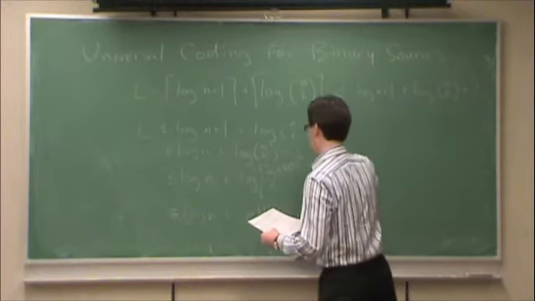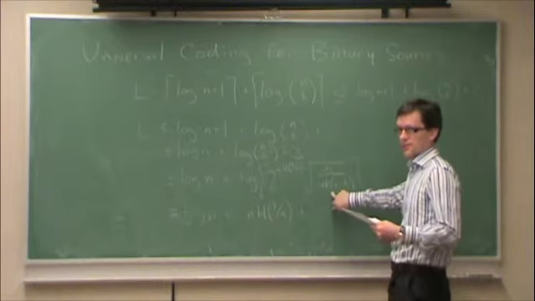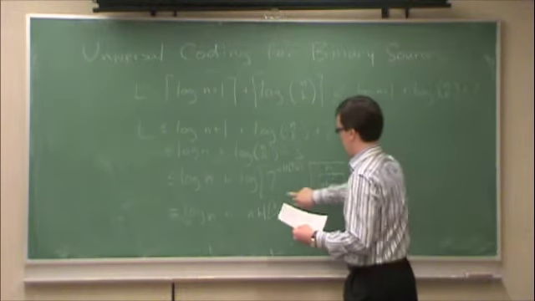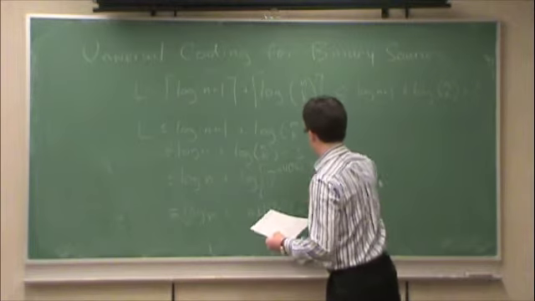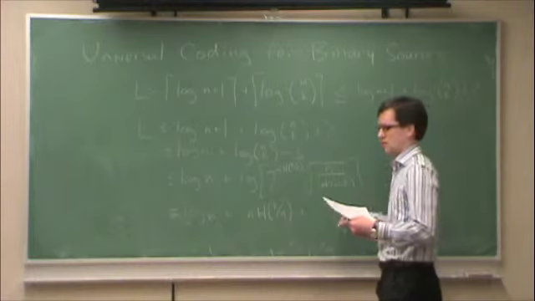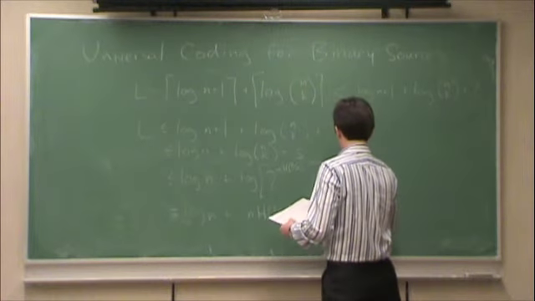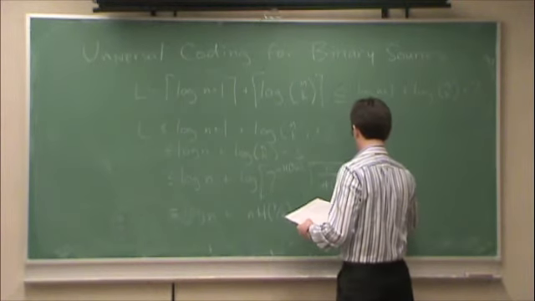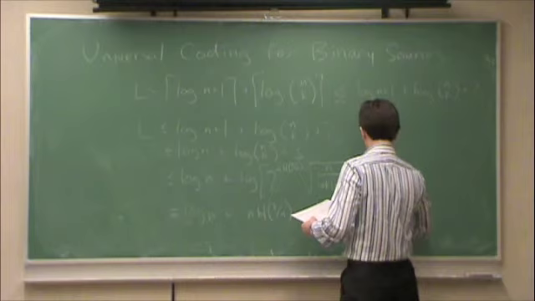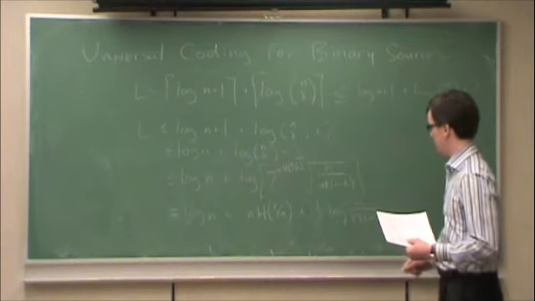Plus, okay, log of root something: log root x is equal to 1/2 log x. So I can take this square root out and write 1/2 log n over pi k(n minus k) plus 3.